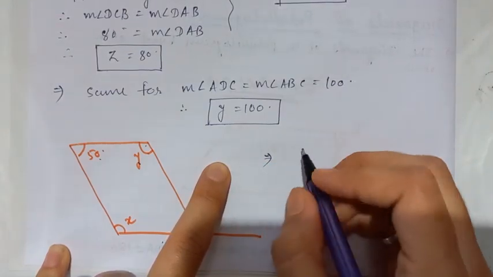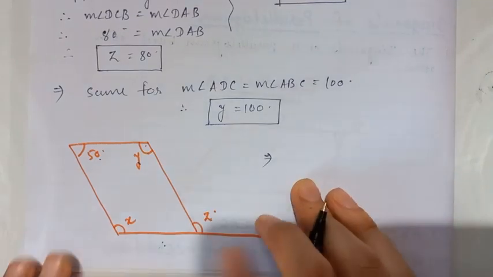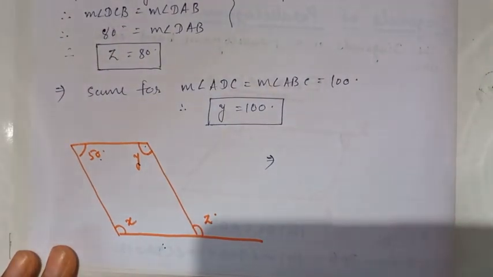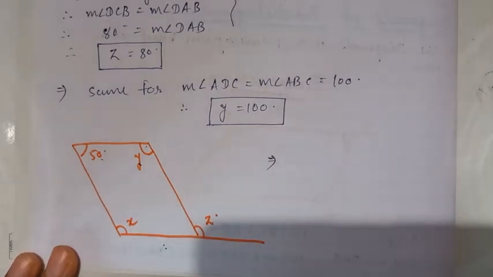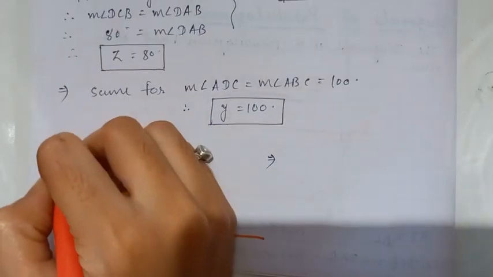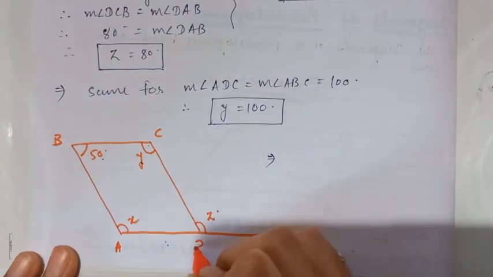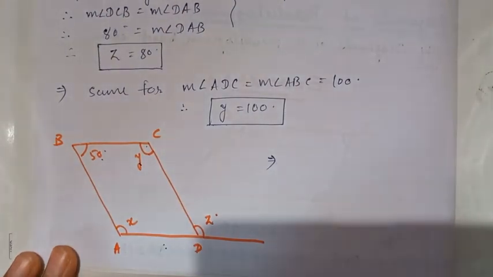Let's name the vertices so it will be easy and very systematic. So let's name it A. You can name it, but at last you have to write that x is equal to this, y is equal to this, because your teacher will look for the values of x, y, z.